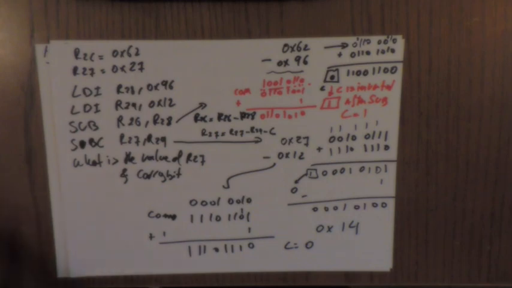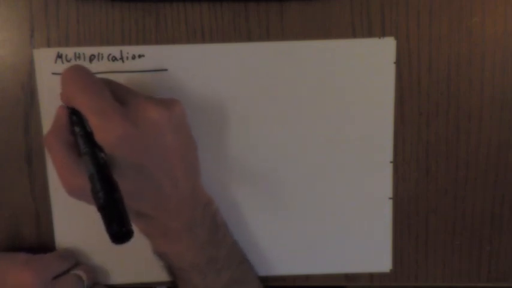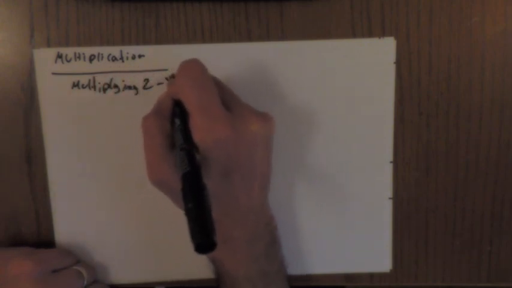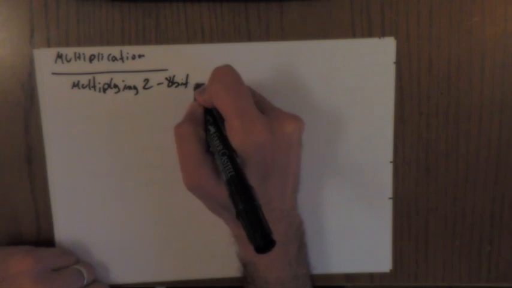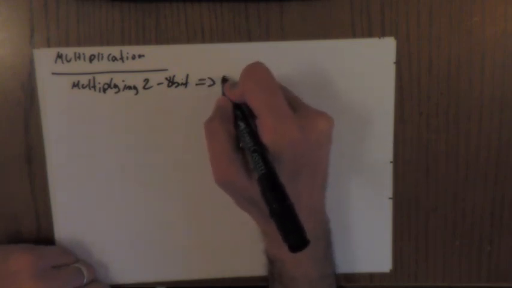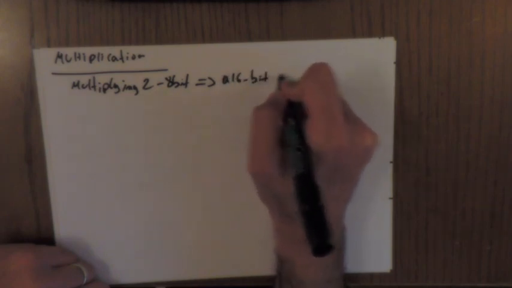Now, after we learned about addition and subtraction, we're going to learn about the multiplication operation. Of course, multiplying two 8-bit numbers will lead to a 16-bit result.